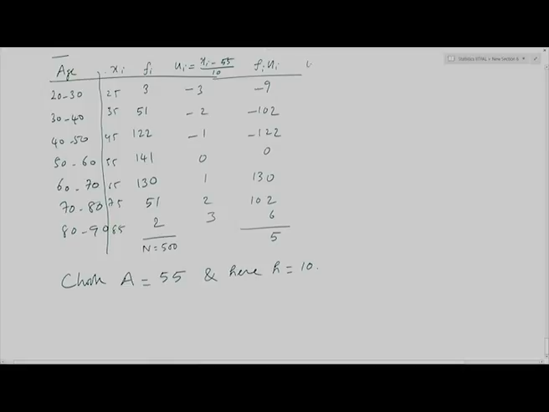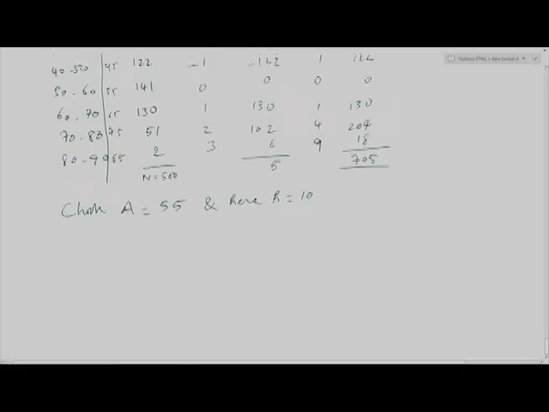Next we shall find ui square, which is equal to 9, 4, 1, 0, 1, 4, 9. Now fi into ui square is equal to 27, 204, 122, 0, 130, 204, 18. So the sum is equal to 705. Now, let us find the mean.